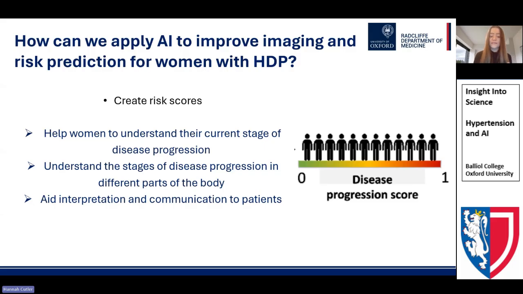The doctor would be able to easily explain what their risk score is and what this means for them and for their particular organ. It might help to improve the treatment and management of their condition. You might also be able to track scores over time to see if the interventions have helped to reduce their risk scores and improve their outcomes.